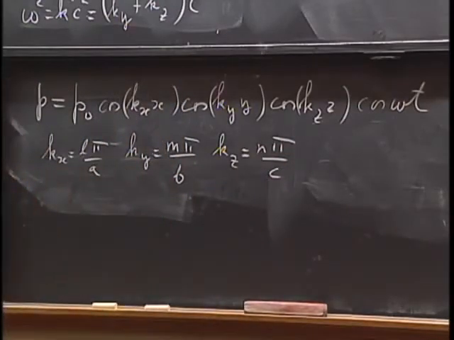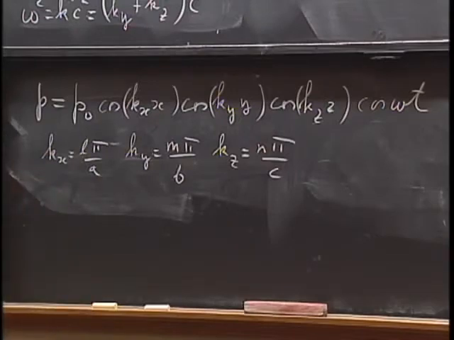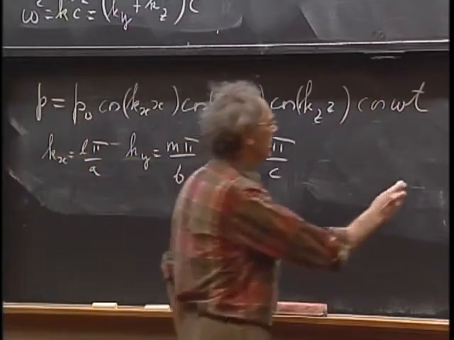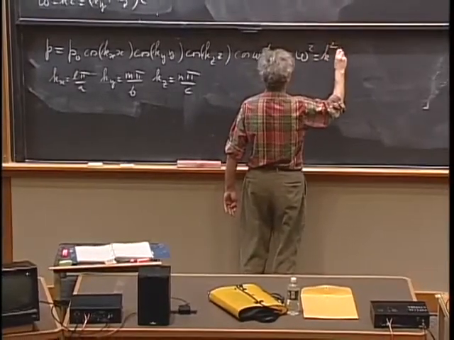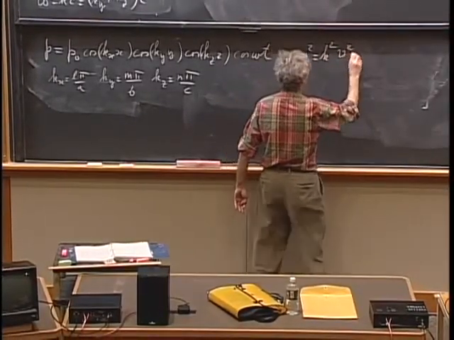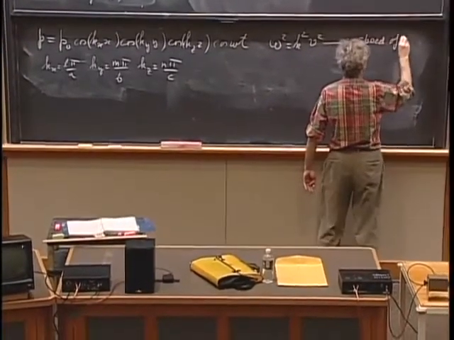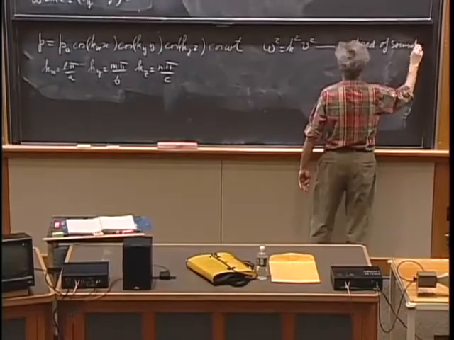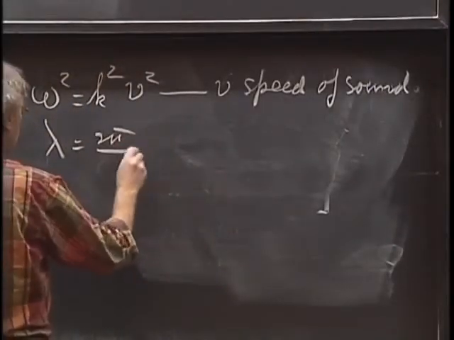Then at all surfaces, I have met the boundary conditions that the pressures are a maximum. And so what always holds is that omega squared is always k squared times v squared, but this v is now the speed of sound. And the wave length lambda is 2 pi divided by k.